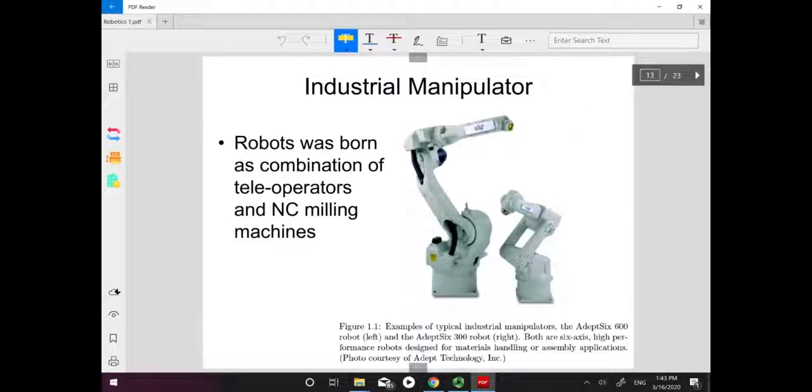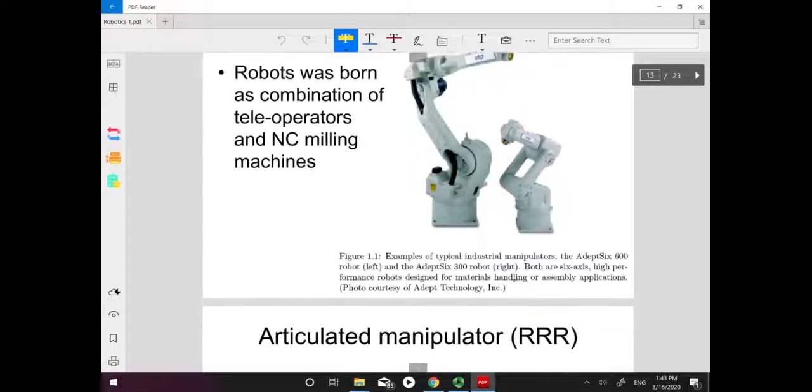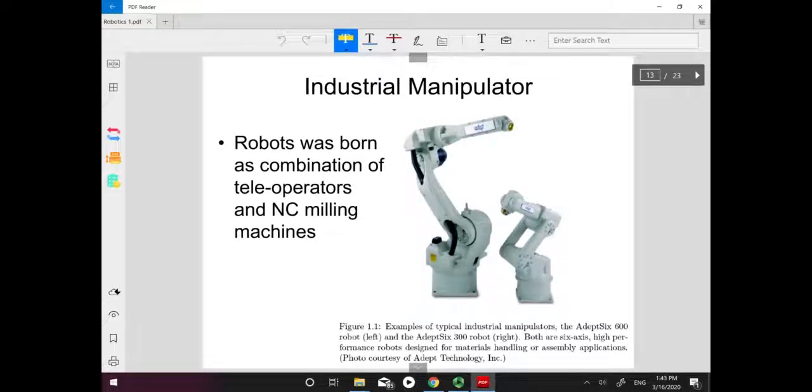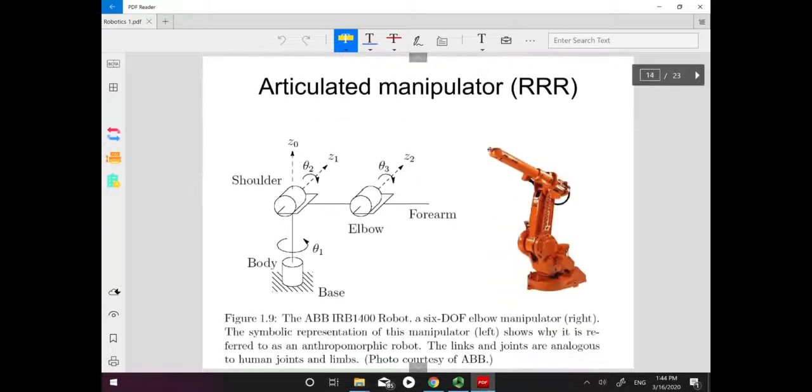And this part is the Adept Six 300 robot, which is smaller. Both are 6-axis high-performance robots, designed for material handling or assembly, and used in the manufacturing industry. This one is an RRR manipulator, and we call it an articulated manipulator.